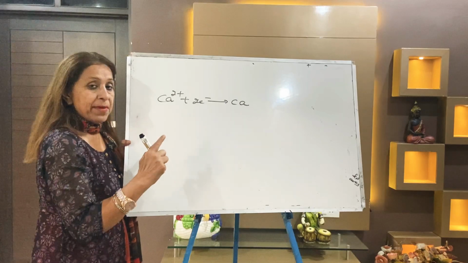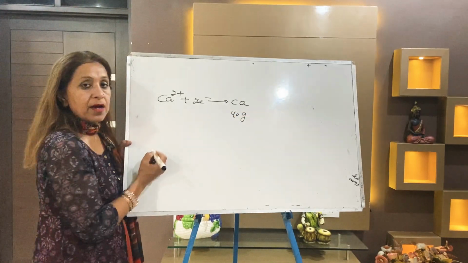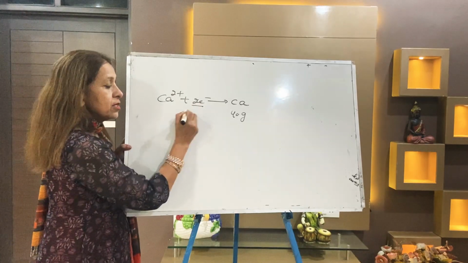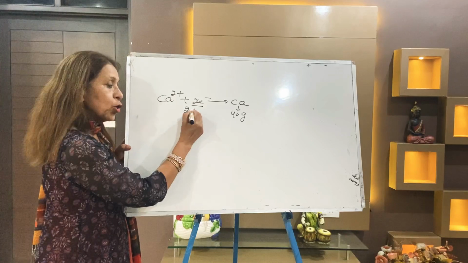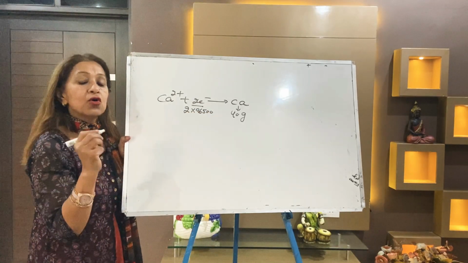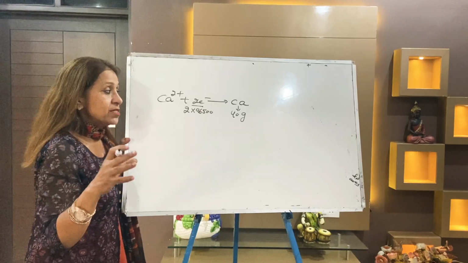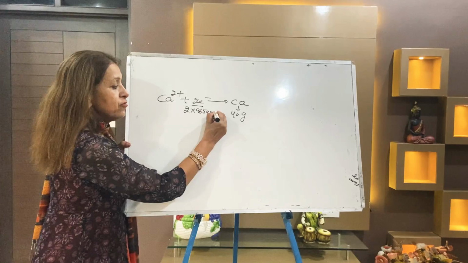Calcium atomic weight is 40 gram. Always write the atomic weight. It's 2 Faraday, or you may write, as you wish, 2 into 96500 coulomb.